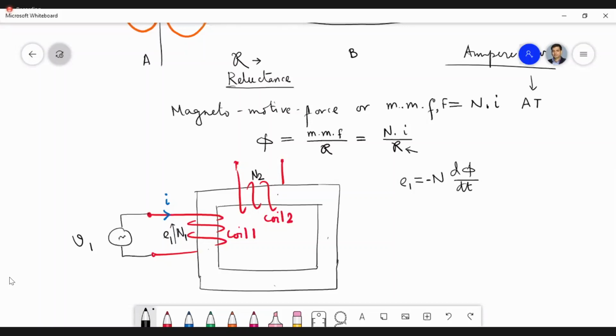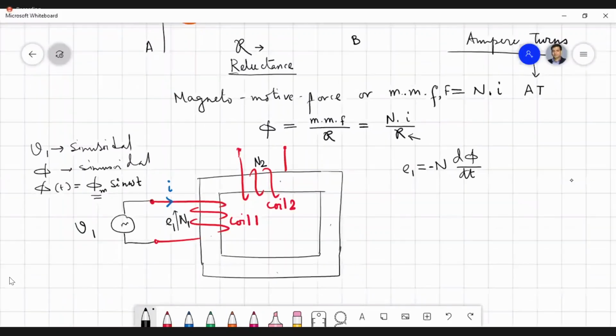Now, as we are using a voltage source which is sinusoidal, the flux also will be sinusoidal. The expression of the flux we can take as phi m into sine omega t, where phi m is the maximum value of the flux at any point and omega is the angular frequency.